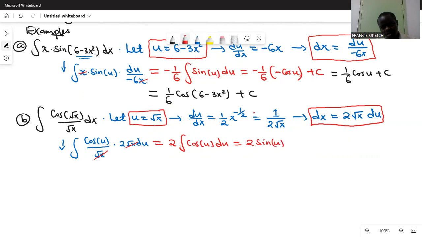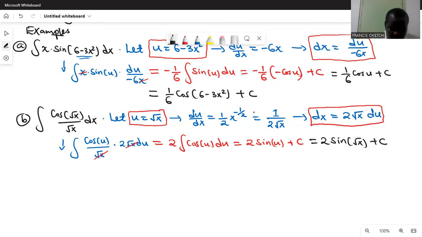I can put that in bracket, plus a constant c. And you have to replace u. Check where we defined u. Where there is u, you put root x. So this is the same as 2 times sine of root x plus a constant c.